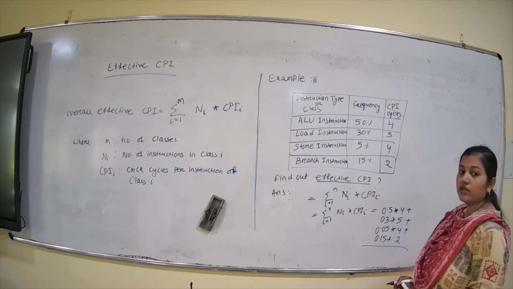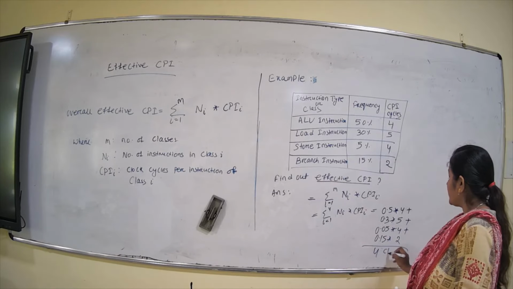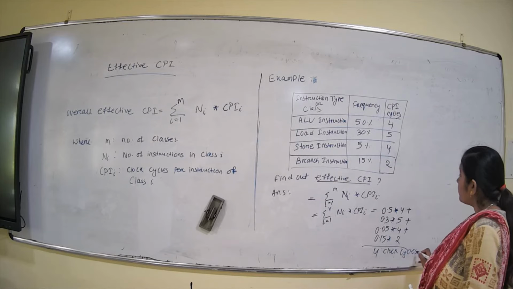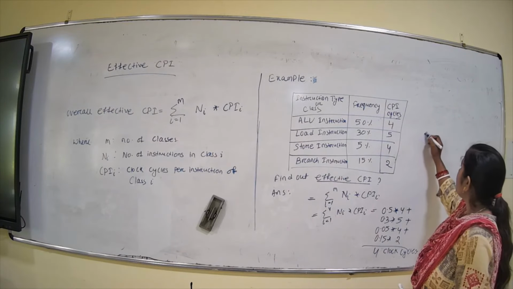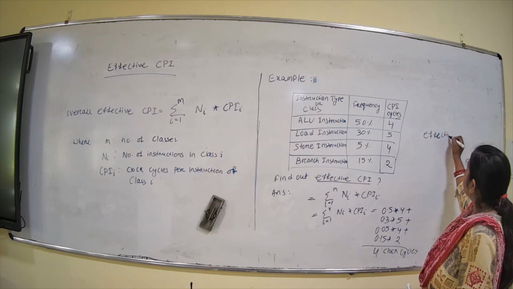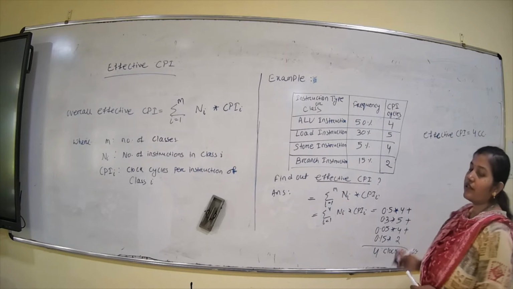Just add it. After the addition, you will get 4 clock cycles. That means your effective CPI is 4 clock cycles.